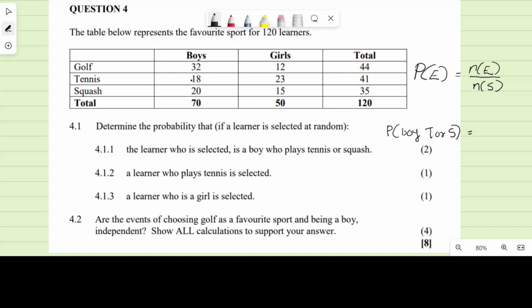Tennis there are 18 boys, squash there are 20 boys, so it's 18 plus 20, where or stands for plus, over the total number in the sample space, which is 120.